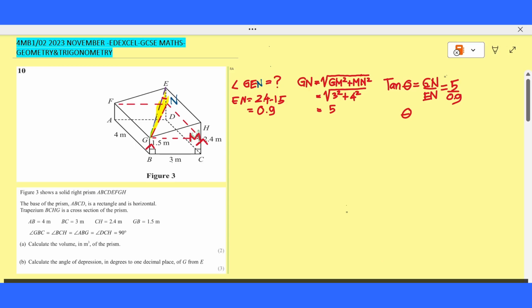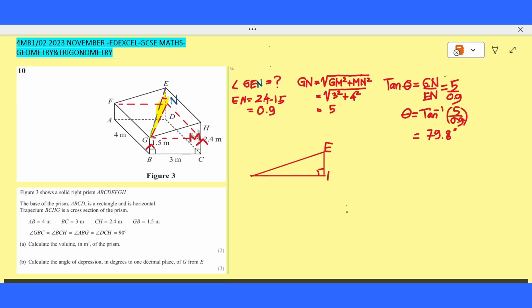Now the theta in here is angle GEN, which is opposite over adjacent, TOA, so it's GN over EN. GN is 5, EN is 0.9, so we can get theta by the inverse of tan, so it will be tan inverse of 5 over 0.9, that is 79.8 degrees.